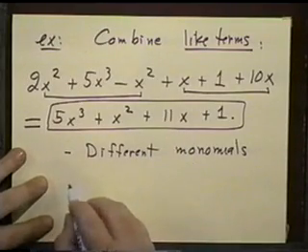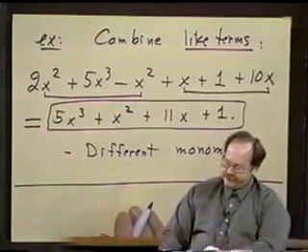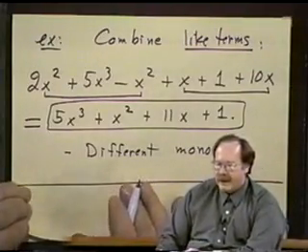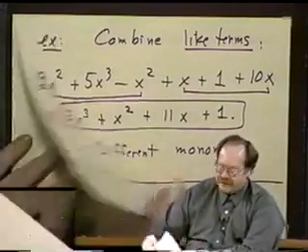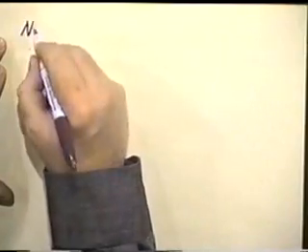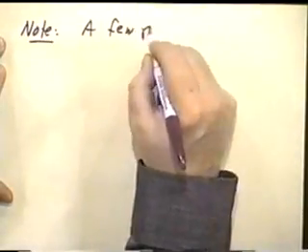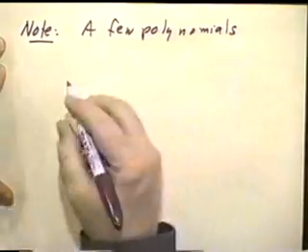And that's what we wanted to do at that point. Okay, those are monomials. Monomials are polynomials of one term. Now, some polynomials have names. Now, note, a few polynomials actually have special names.